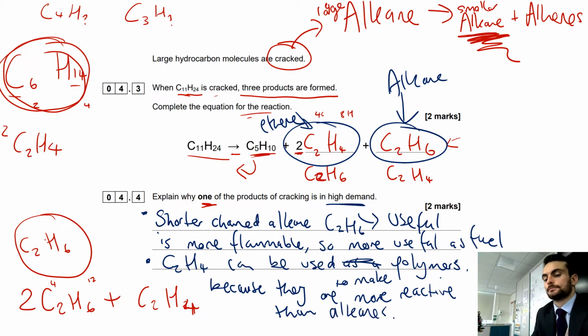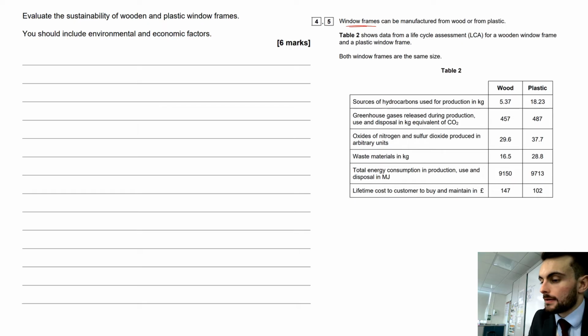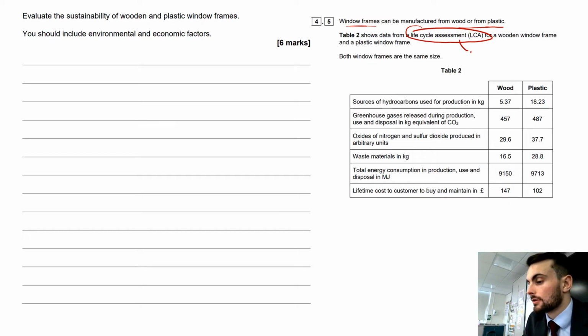There you go. Window frames can be manufactured from wood or from plastic. Table 2 shows data for a life cycle assessment for a wooden window frame in comparison to a plastic one. Life cycle assessment is all of the resources, energy and effort that goes into making it, maintaining it, and disposing of the waste that it causes.